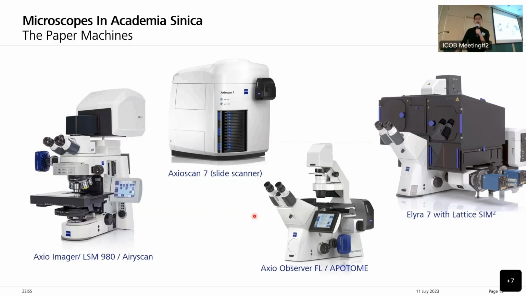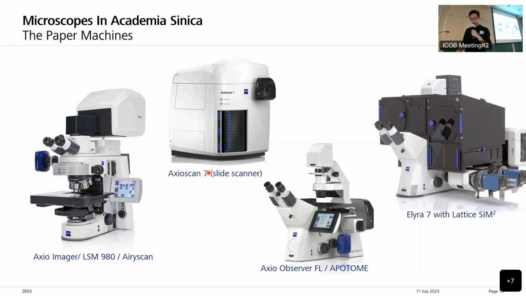For automatic microscopy, here we have the Axioscan, called a slide scanner. You can have HE scans or lots of fluorescence samples made into slides, then we can scan 100 or 1000 slides daily.